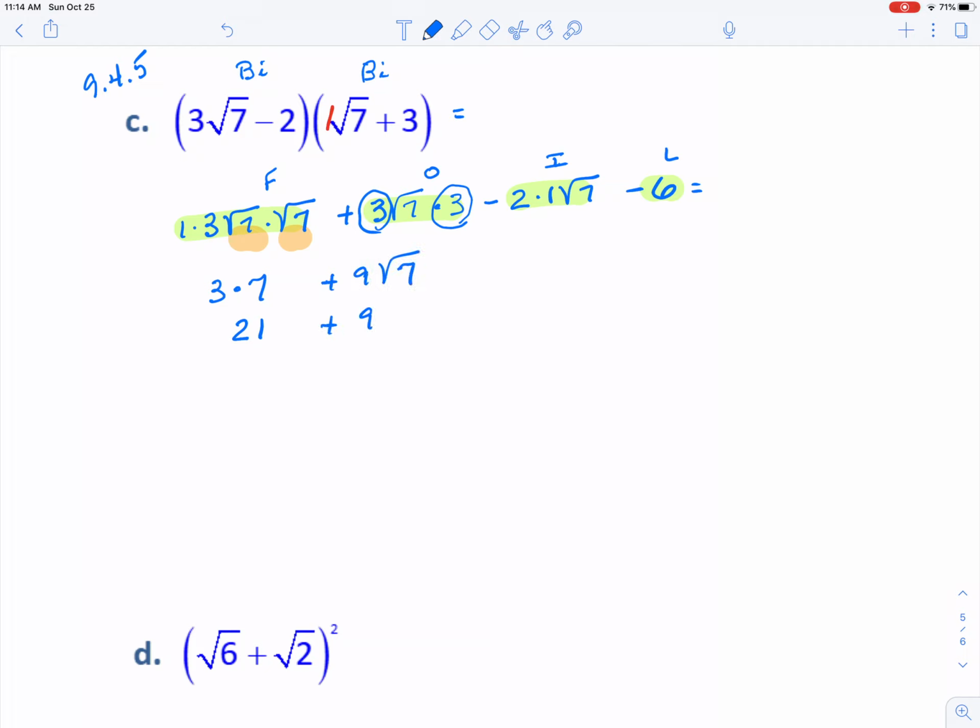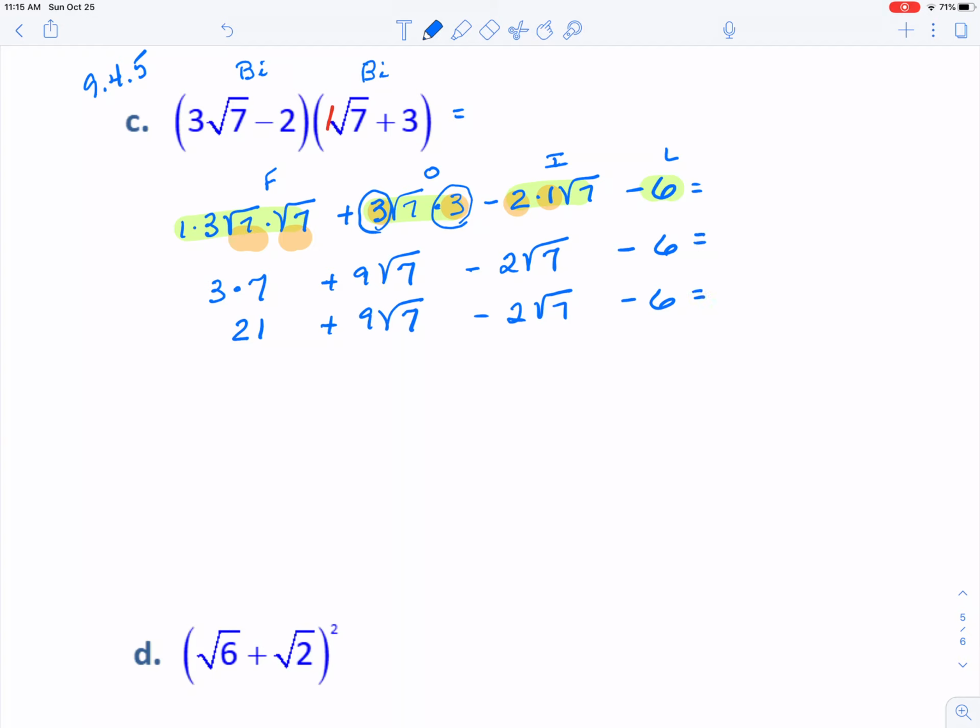And that next term is going to be 9 times the square root of 7. And then here, I'm going to multiply the 2 and the 1 to get negative 2 times the square root of 7. And then here on the end, I've already finished, and that gave me a negative 6.